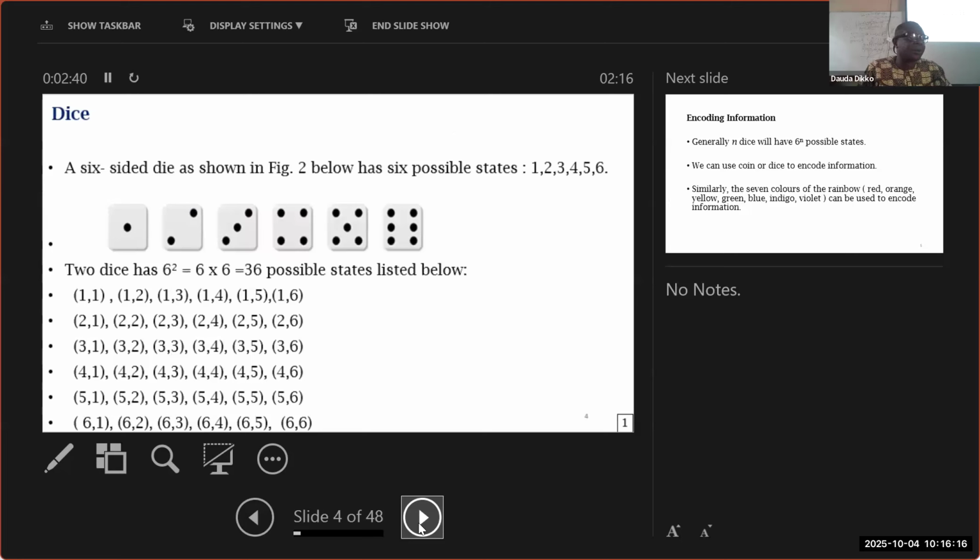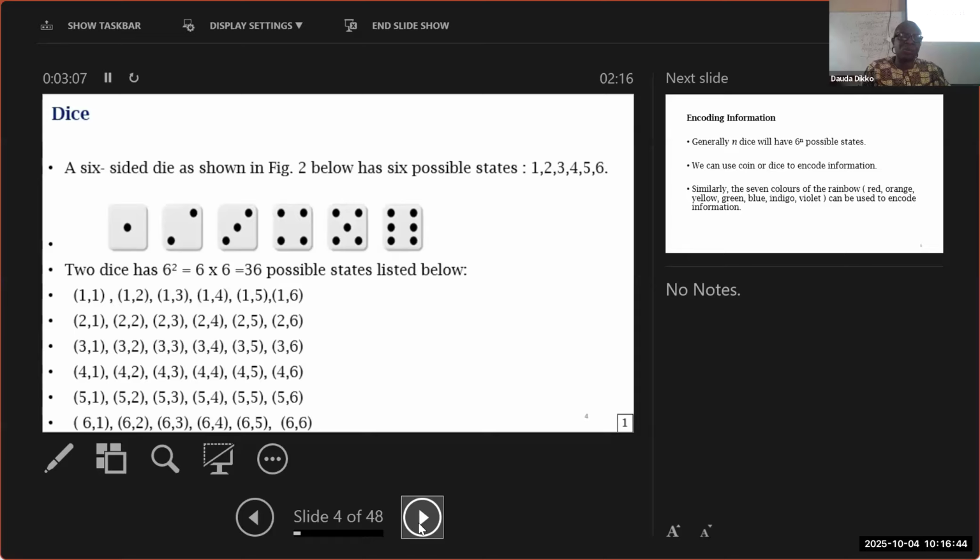Another way of describing information is by using dice. And usually a die has 6 sides. So a 6-sided die will have 6 possible states. That is state 1, 2, 3, 4, 5, and 6.